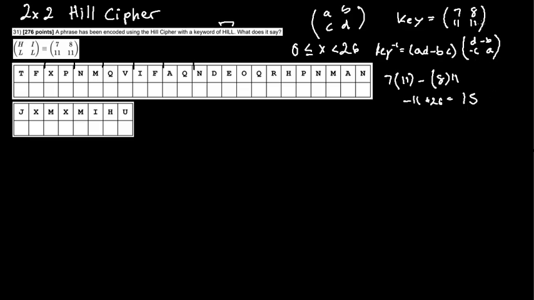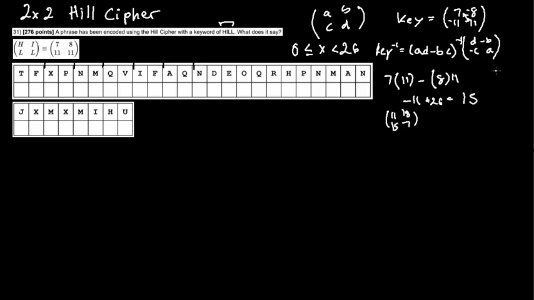And here we just switch it up. These two swap, and these two become negative. So we have the determinant inverse times 11, negative 8, negative 11, 7, where negative 11 mod 26 is 15, and negative 8 plus 26 is 18.